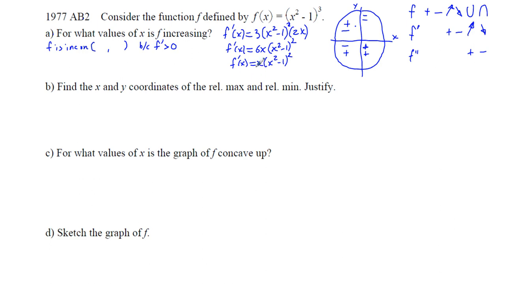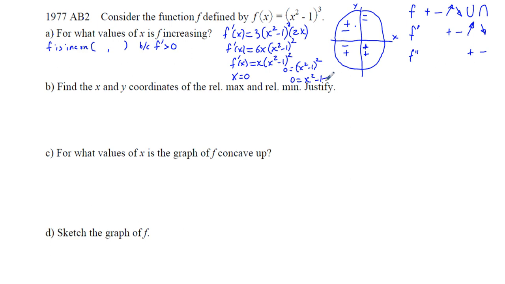Then we know that our critical numbers are going to be first x equals 0, and then for the quantity x squared minus 1 squared, if we set it equal to 0 and take the square root of both sides, we have 0 is equal to x squared minus 1.